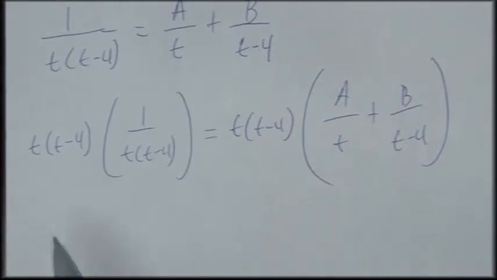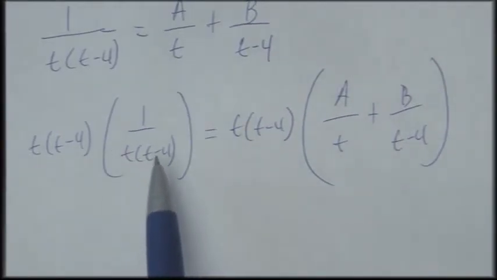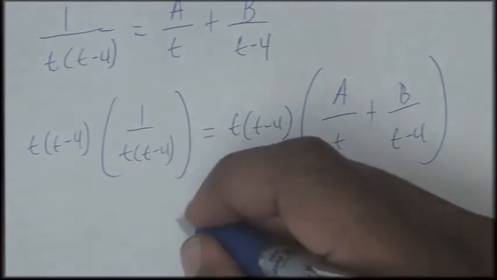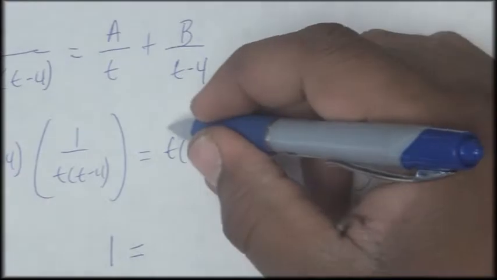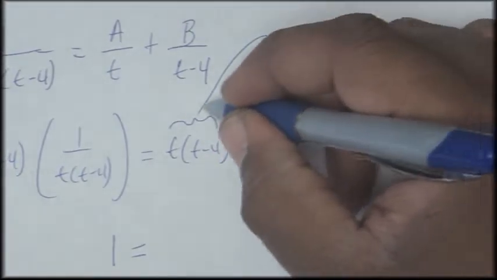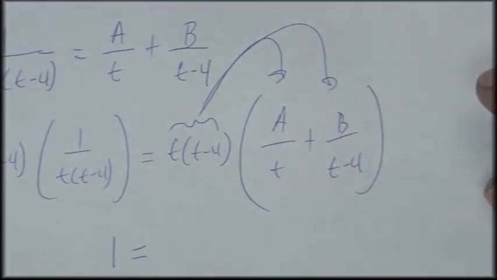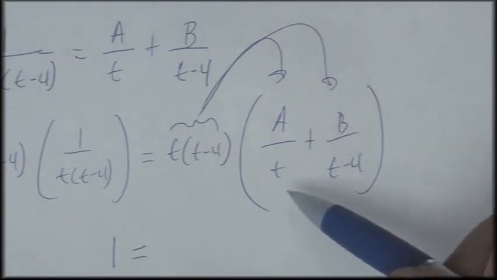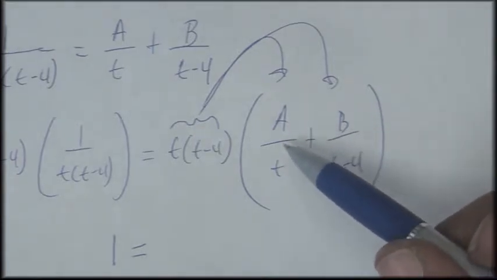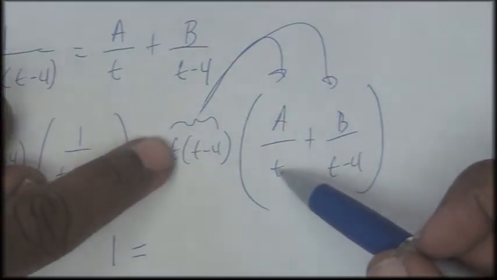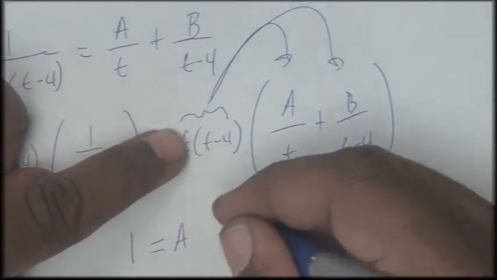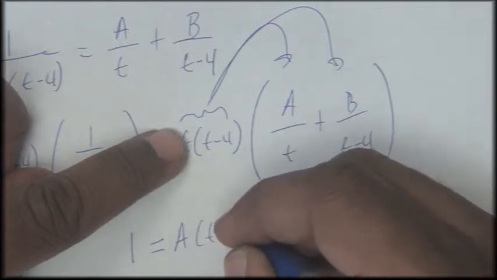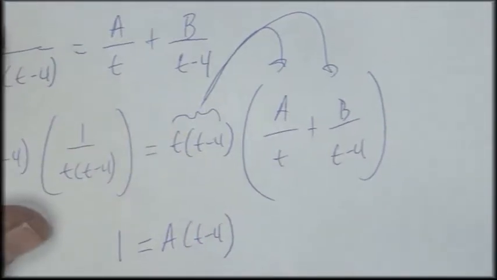When we multiply the least common denominator by the left hand side, it cancels with the denominator, so we're left with 1. On the right hand side, I'm going to distribute the least common denominator. So when we distribute it with our first term, the t cancels, so I'm left with A times the quantity t minus 4.